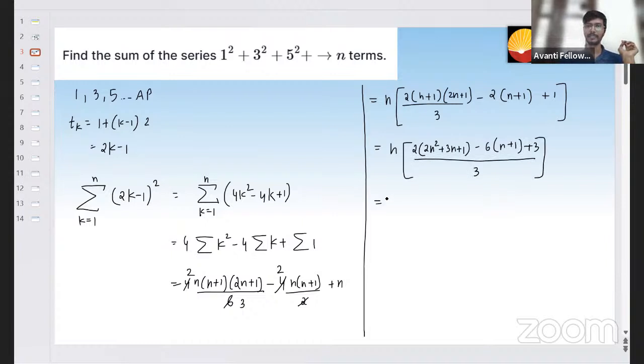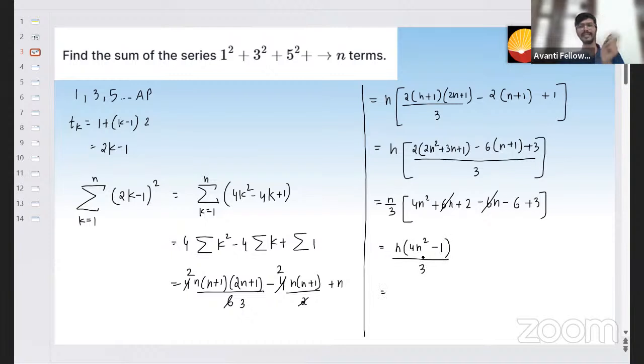So I can take n by 3, and what I'll be left with inside: 4n square plus 6n plus 2 minus 6n minus 6 plus 3. So here 6n will get cancelled, and I'll be left with n into (4n square minus 3 plus 2 minus 1) upon 3.